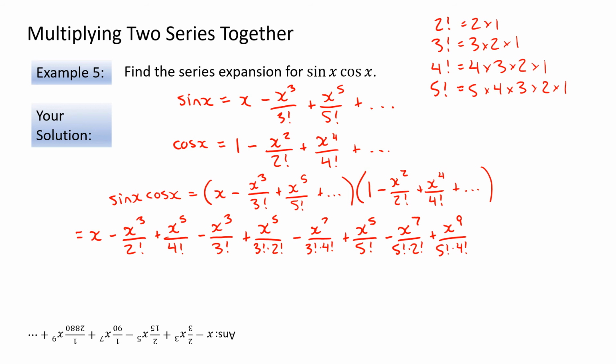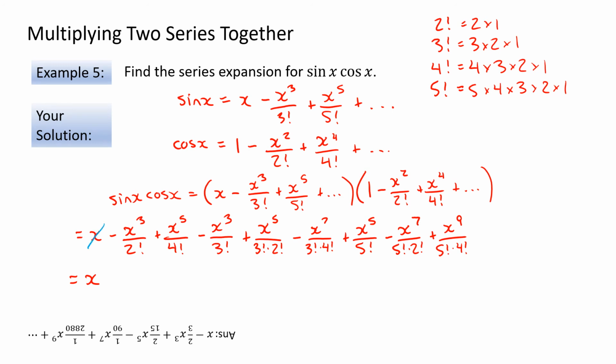So what I'm going to do here is I'm collecting these terms and I'm going to do them in order. Okay, from the lowest exponent, which would be this x term, to the highest exponent, which is the x to the exponent 9. At the same time, I'm going to just expand out the factorials, so they all become fractions. If I do that, I get x, and I'll cross them out as I go with a different color.